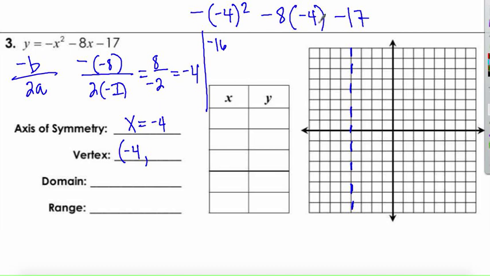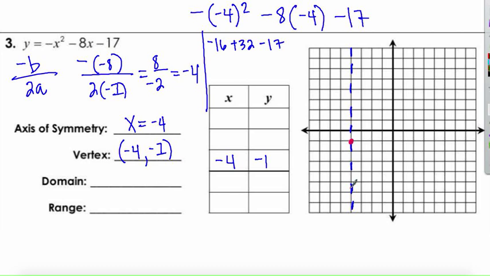Negative 8 times negative 4 is a positive 32, and then I have a minus 17 at the end. So negative 16 plus 32, that gives us a positive 16, and then 16 minus 17 is going to leave us with a negative 1. So we're going to put that in the middle, negative 4, negative 1, and we know this is where our vertex is going to be, right there on that axis of symmetry.